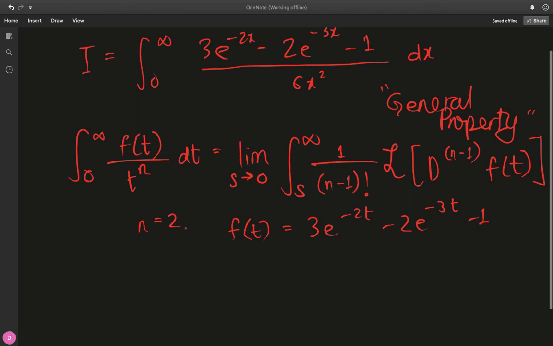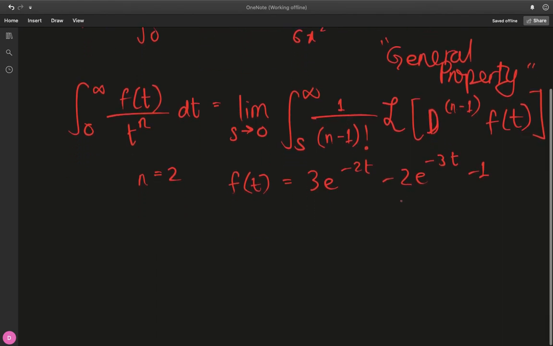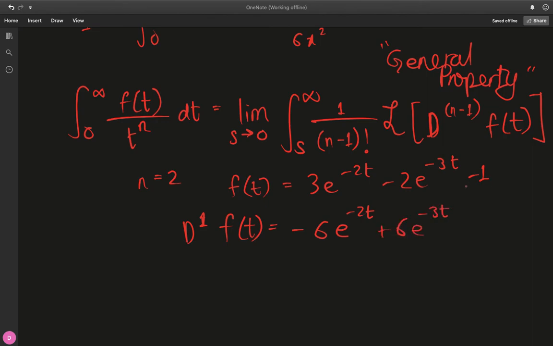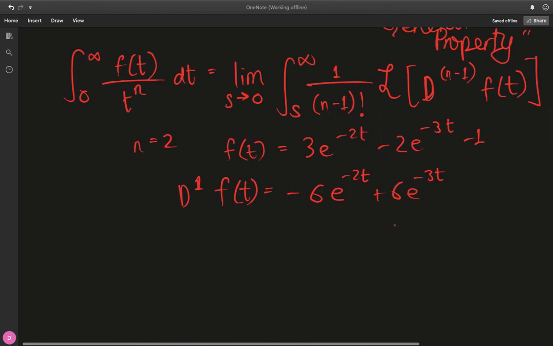And since n is 2, it's the n minus 1 derivative, so we need to take the first derivative of f of t. So first derivative of f of t, this is 1, is minus 6 times e raised to negative 2t plus 6 times e raised to negative 3t, and this will just go to 0. And then they're telling us to take the Laplace transform of this.